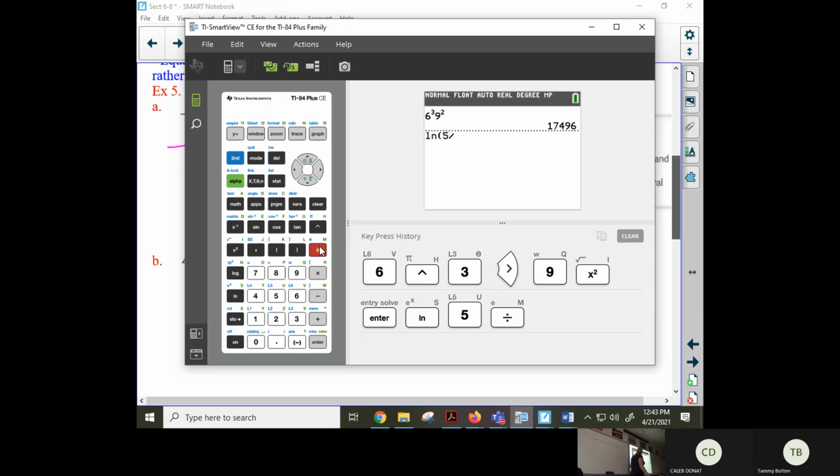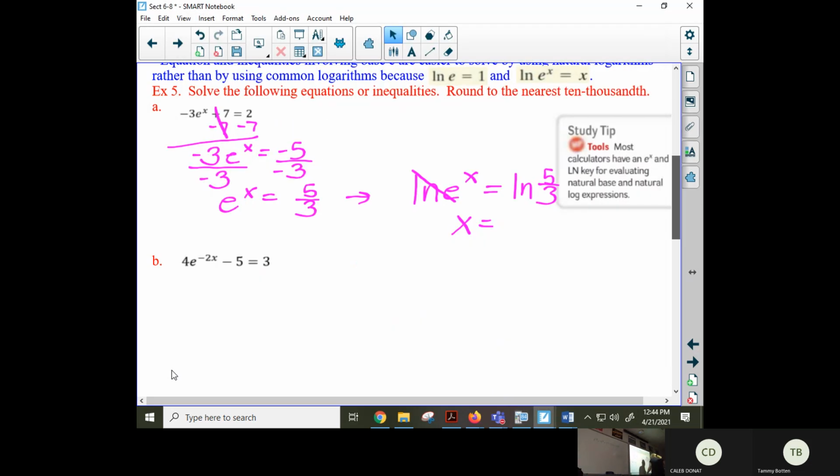So we'd go 5 divided by 3. I don't even think you have to put a parenthesis at the end. And did you guys get 0.5108? And they want you to put it to the nearest 10,000, so 4 decimal places. So it's 0.5108. And we got x solved for them.